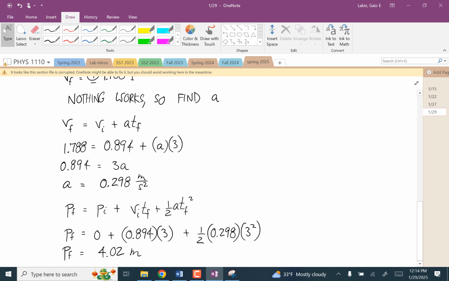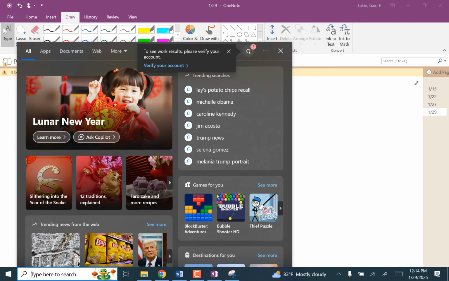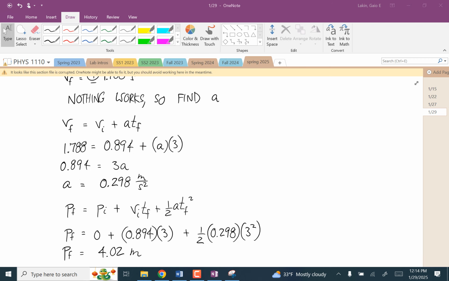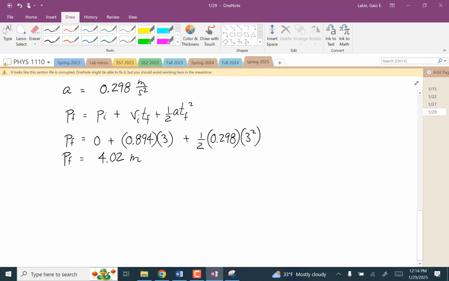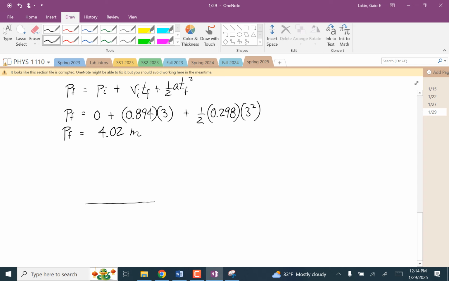Okay, let's sanity check this. Does it make sense that that's a positive number? Well, A is 0, and B is in the positive direction from 0, so yeah, we expect that to be positive. So that, again, makes sense. Okay, so now I'm going to do the position versus time, sketch this out.